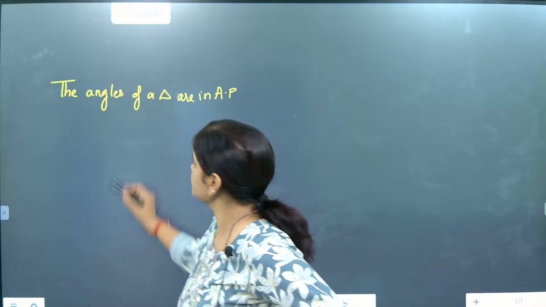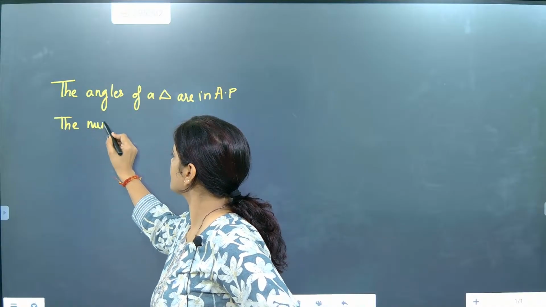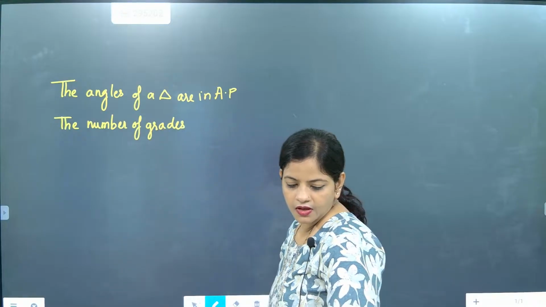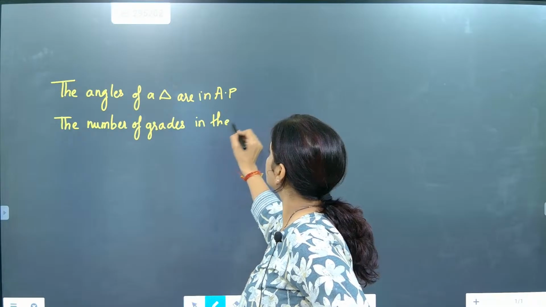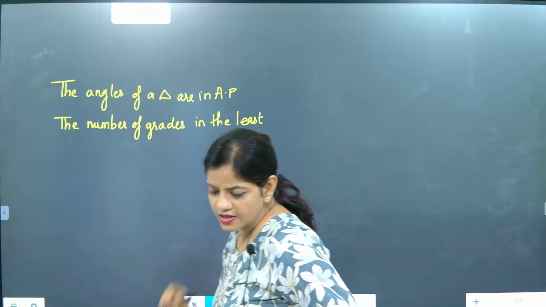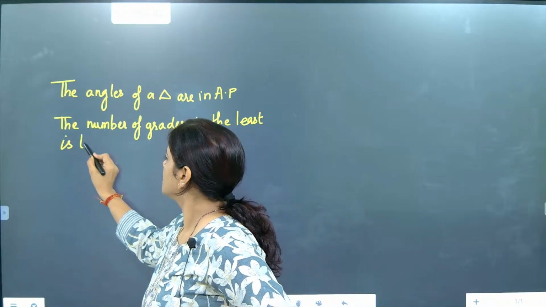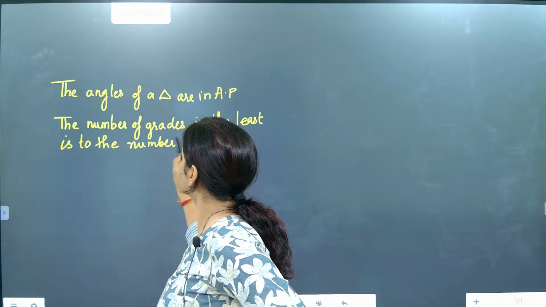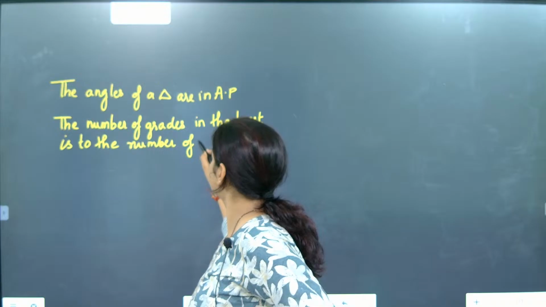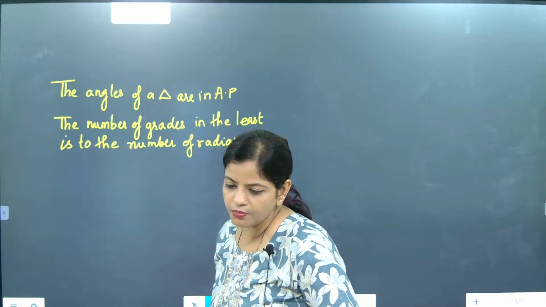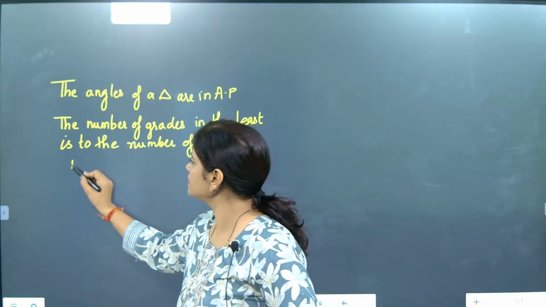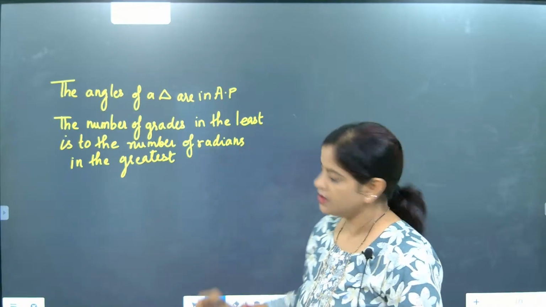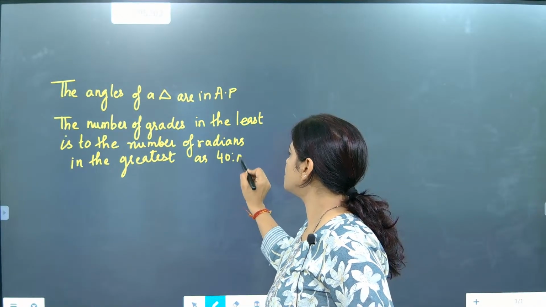The number of grades in the least is to the number of radians in the greatest as 40 is to 5.